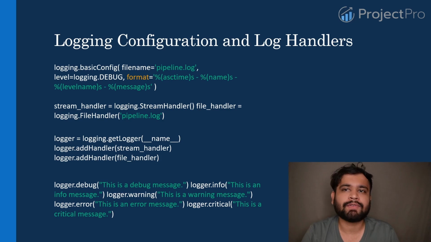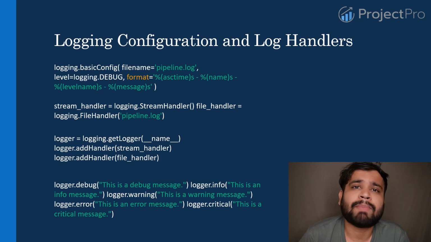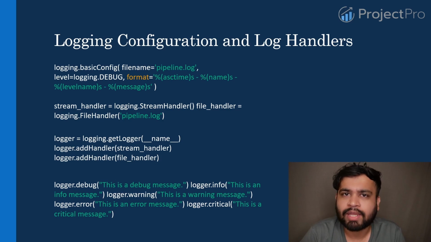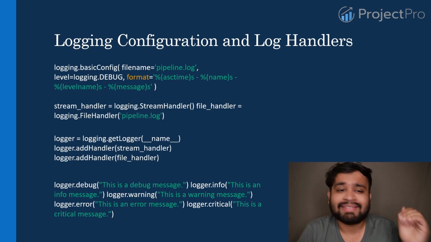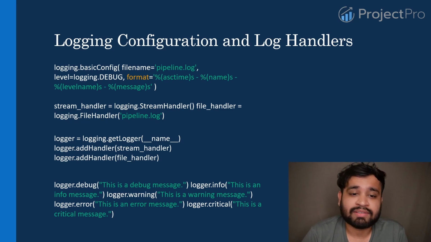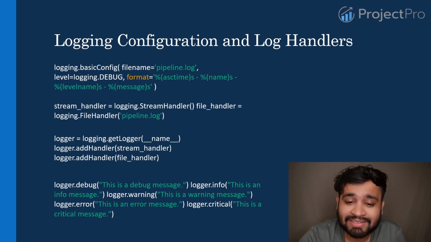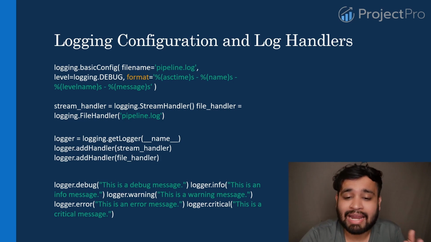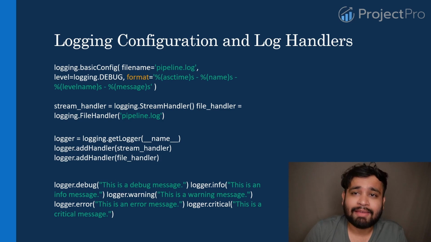First thing first, to implement that in a Python script, you have to import logging here, because the logging library will help us establish the logging configurations in your pipeline. So just import logging. That is a simple enough step, and after that you have to configure the logging library. We can set the level to debug.